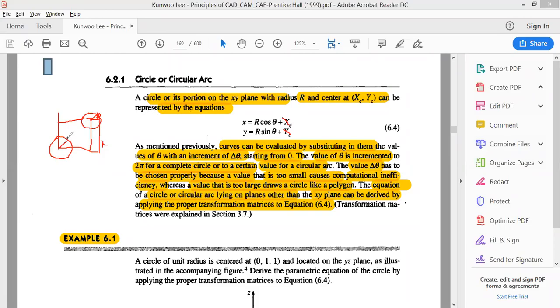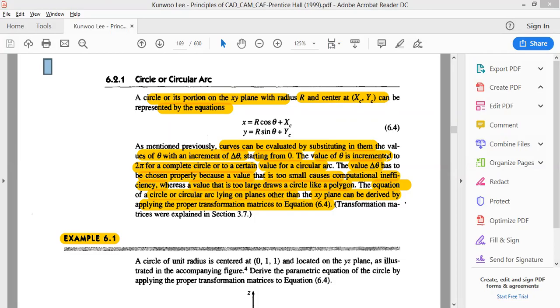This is the equation used to represent a circle in a system, which is what is mentioned in this paragraph.